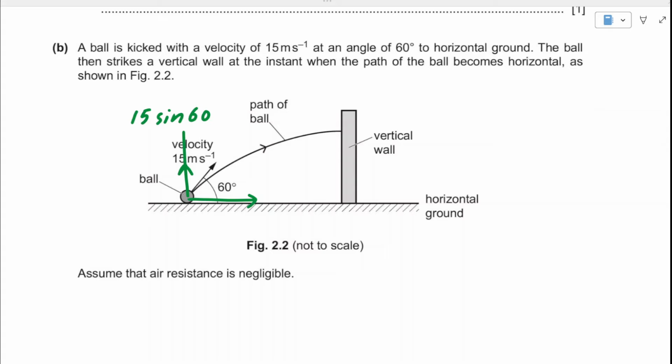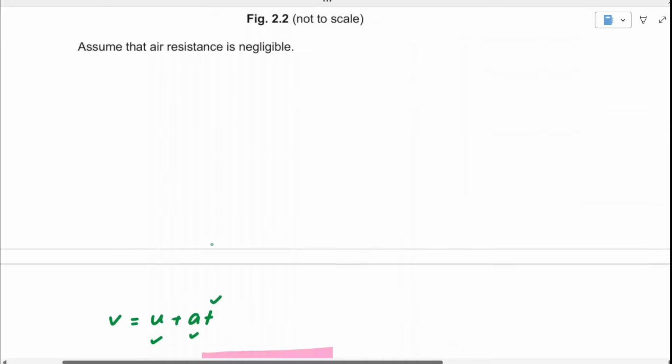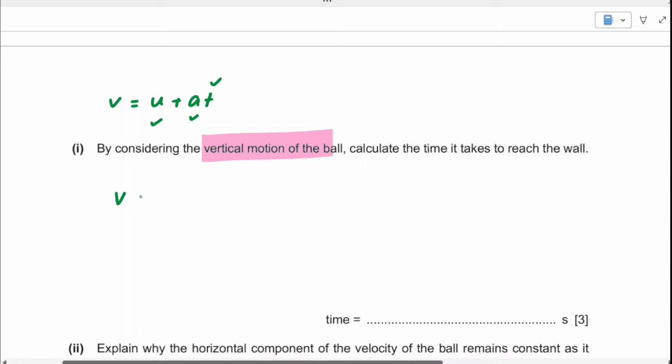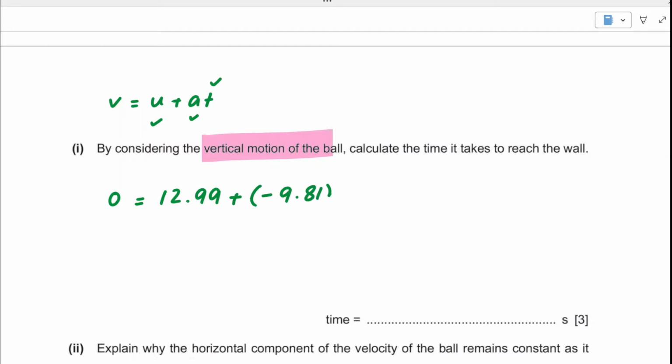And 15 times sine 60 would be 12.99. So the final vertical velocity would be 0. 0 equals 12.99 plus minus 9.81 times t.